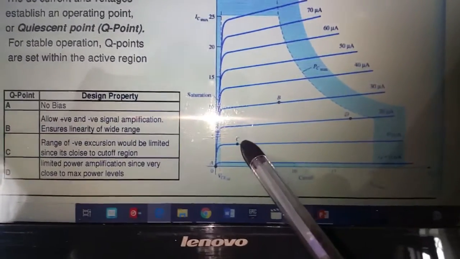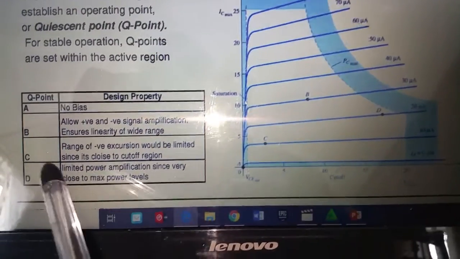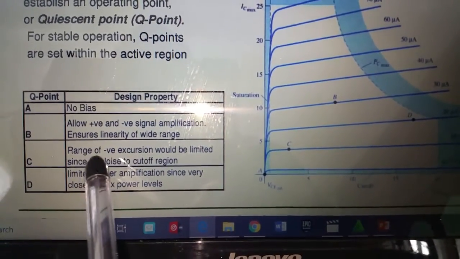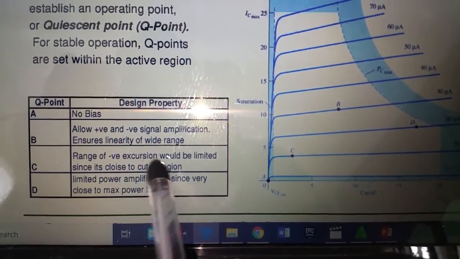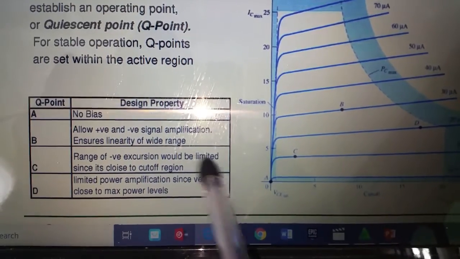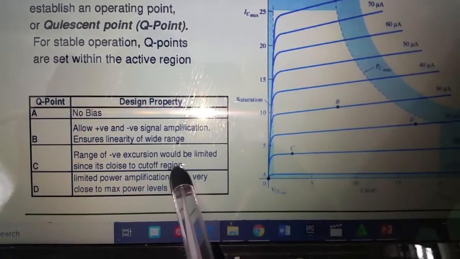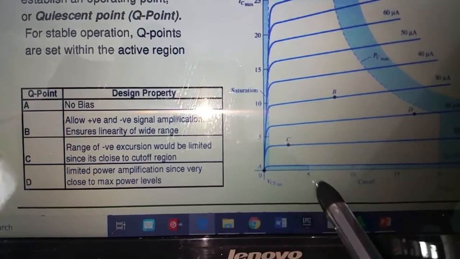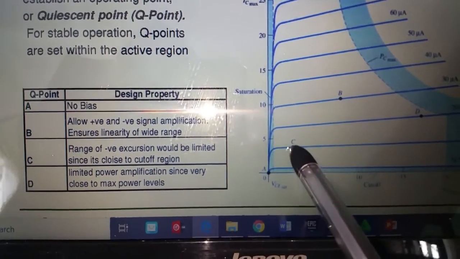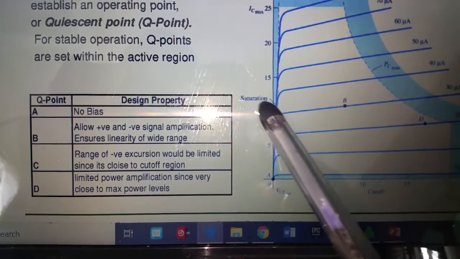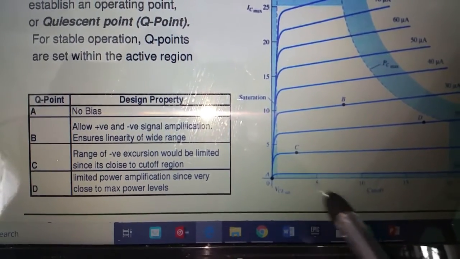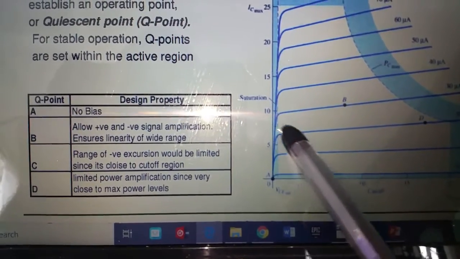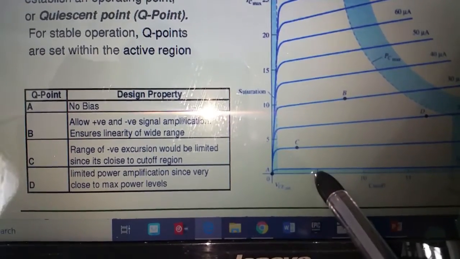Now if you take it to C and you amplify, the load line falls at C, and the range of negative excursion would be limited or cut off, since it is close to the cutoff region. So if the load line comes right here at C, and this is your Q point, then you find that it's so close to the cutoff region down here already that part of the negative section of the waveform, if you put a waveform, will be cut off.